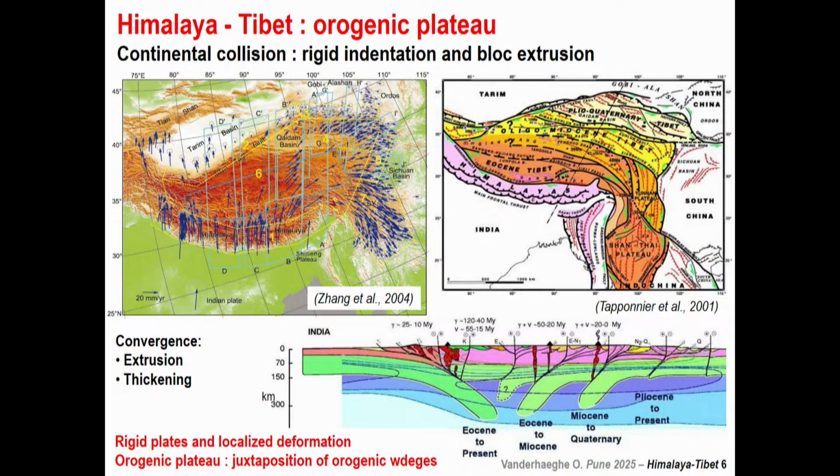The data show that the vector direction changes from north-south to east-west, but at the same time, the norm of that vector diminishes where it crosses the topographic front, which means that material has been shortened in the horizontal direction and thickened in the vertical one. But there is also some lateral motion.